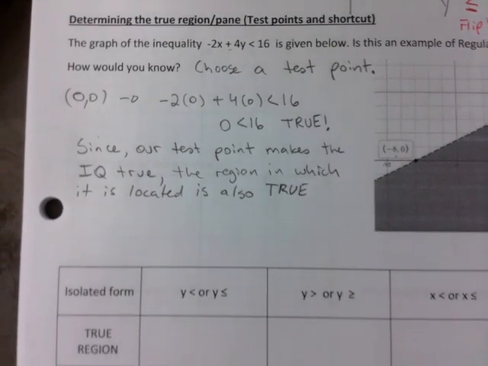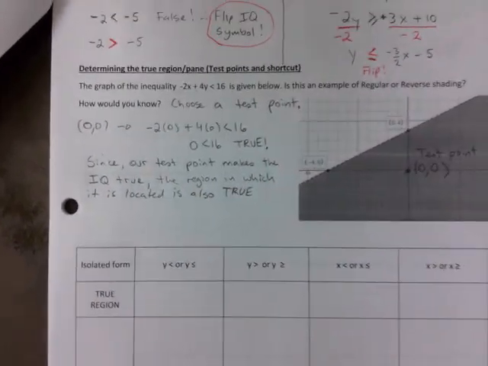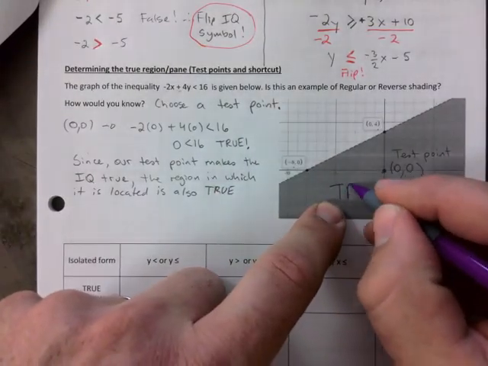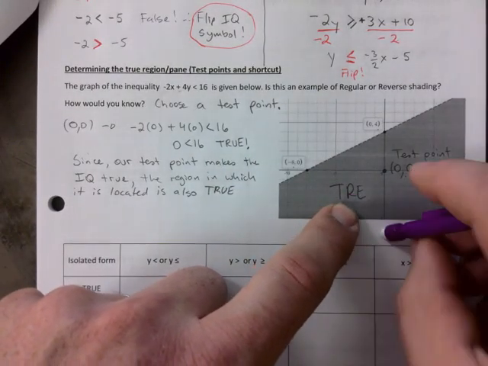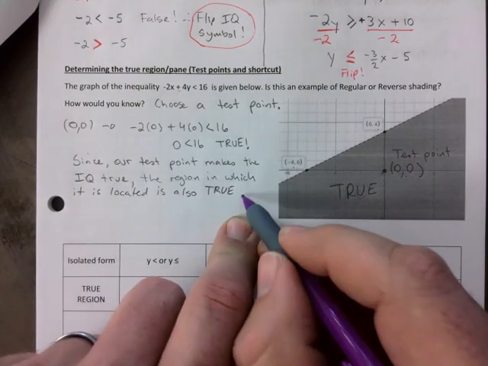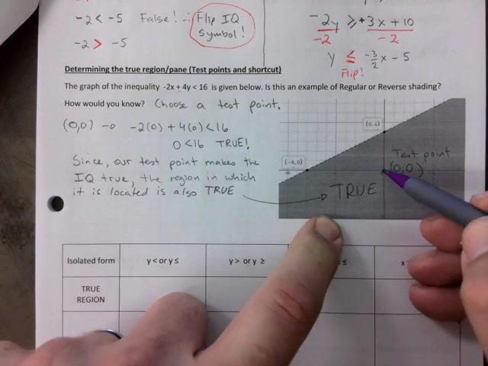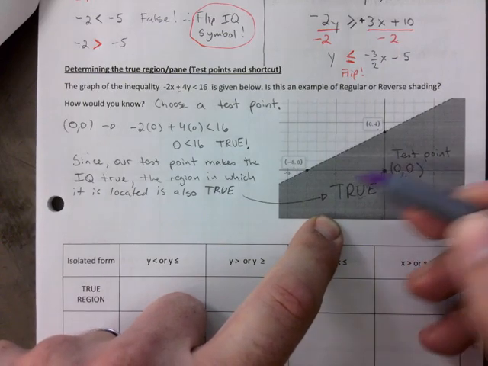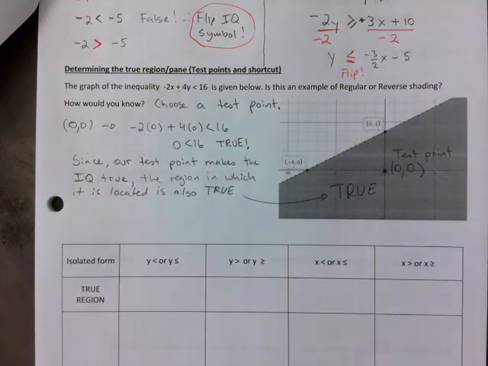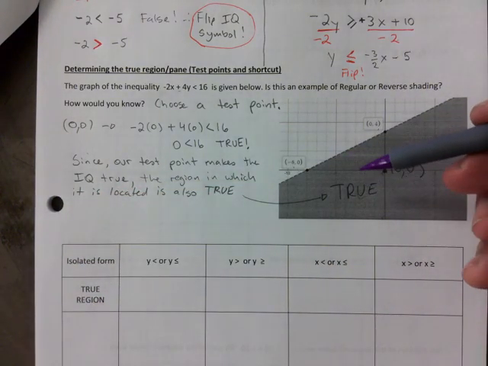So let's go over here. You were checking in that shaded region, so we can confidently say, true. The point is in the true region. We checked. Therefore, this whole shaded region, everything below the line, is going to be true as well. So by definition, what's the unshaded part?